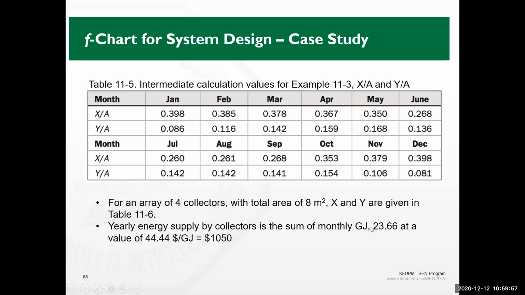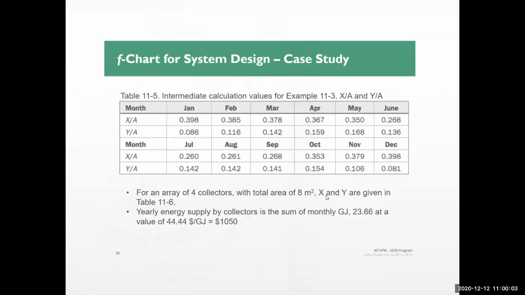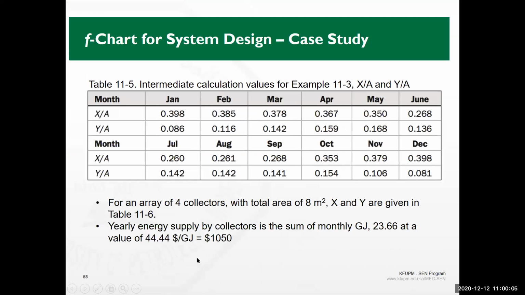You are going to assume all the quantities of the gigajoules that you have in this table, and you are going to see how much is the price for all of it, which will result in a price of electricity of $1,050. Which means that if you are going to have this load and you are going to use an electric domestic water heater, then this is the bill that you are going to pay, $1,050.